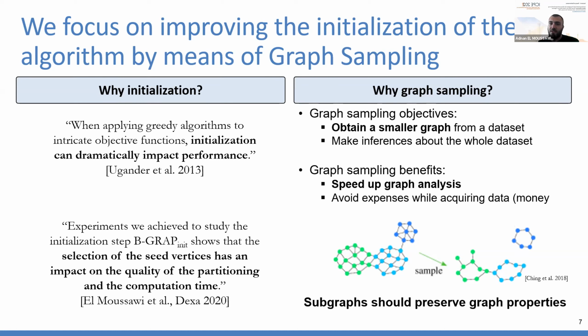Why do we use the sampling? Because sampling gives us a smaller graph, so it allows us to reduce the computational time, and also generally sampling preserves some characteristics of the graph, like subgraphs and some embedded structures that we can find.